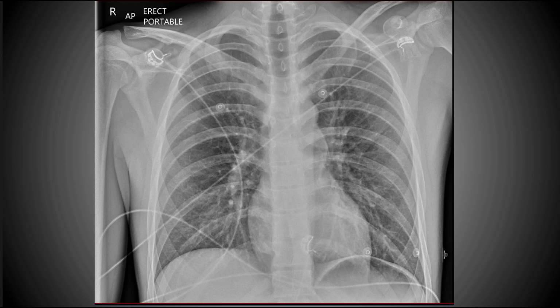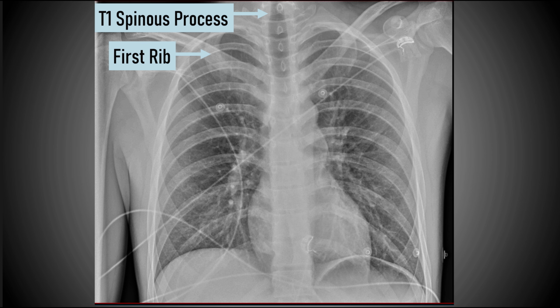It is very easy to identify the patient's first rib, and we know that the T1 spinous process and the first rib are on the same level. Once you know where the T1 spinous process is, then it's very easy to identify T2, T3, and T4. And that's where we want to see the tip of our tube.